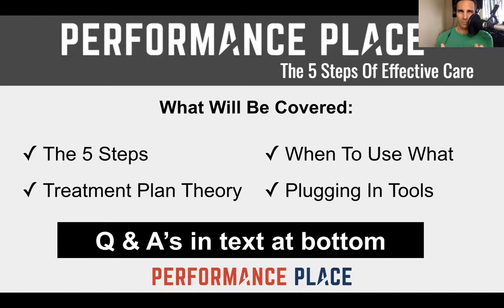It's going to go over basically how to formulate a nice treatment plan using some of the tools that you guys already know and maybe some that you need to know, and when to plug certain things in. I'm also hoping it addresses how to spend your continuing education dollar, as well as some of the stuff that you pay for that is not CE based.